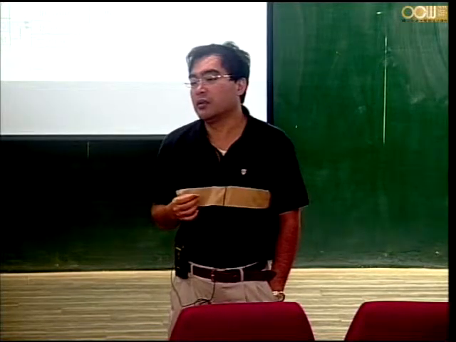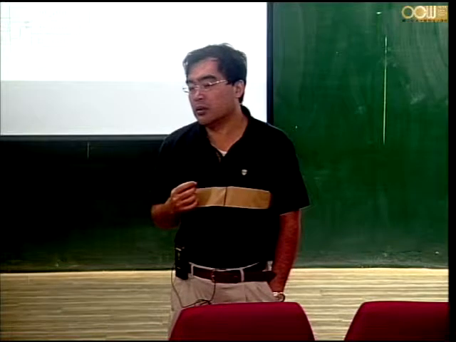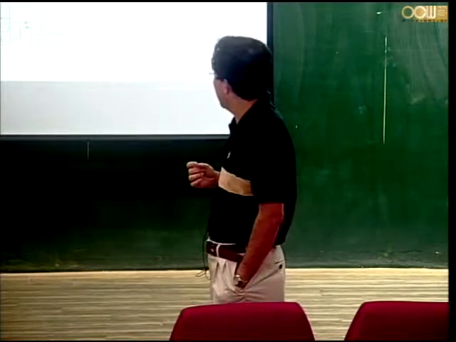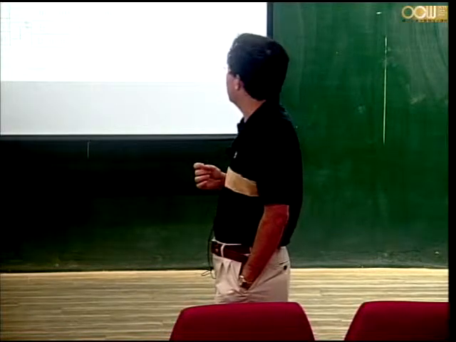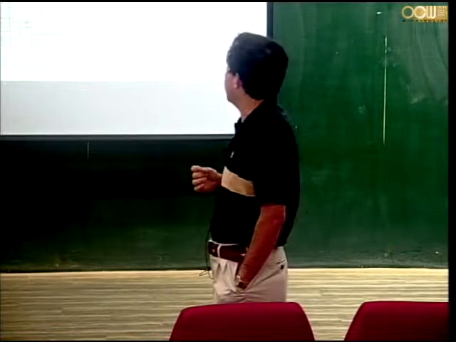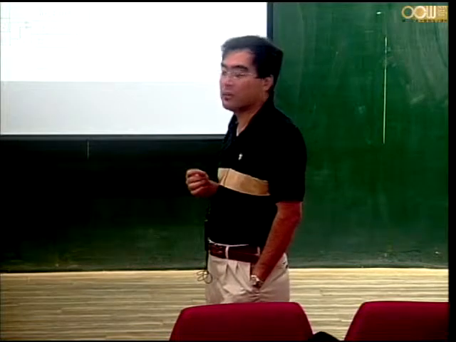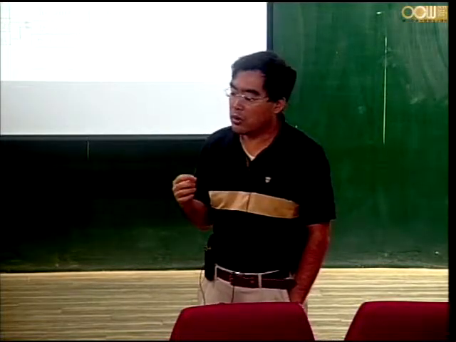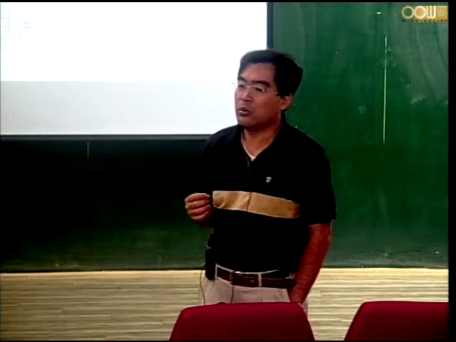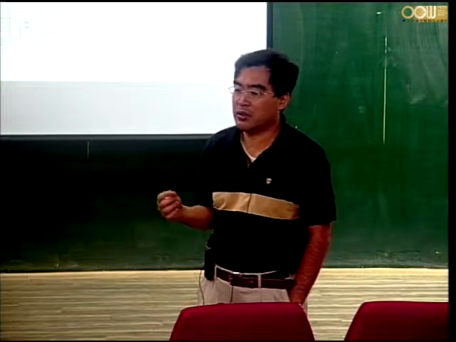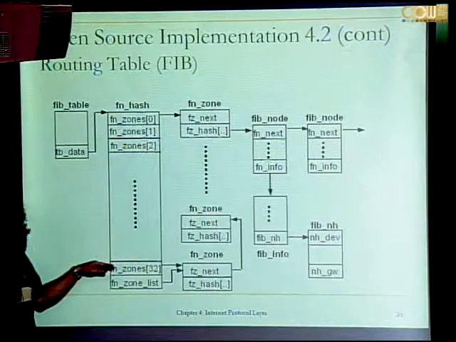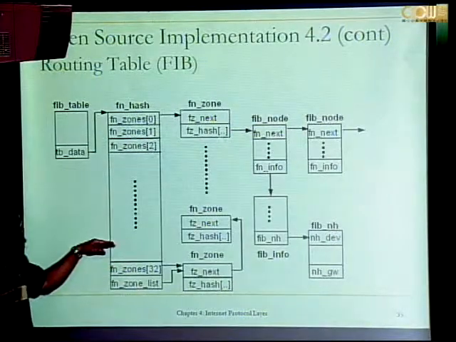You start from the non-null hash table with the longest prefix. So what you would do is this. I will start from here, 32, and this is null, fine, so I skip. 31, null.